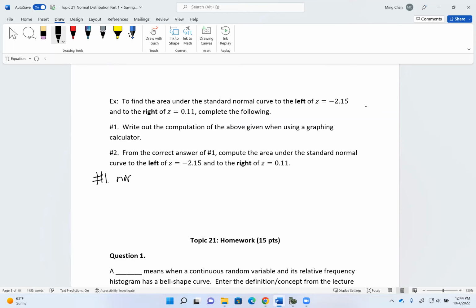So that's normal CDF, where the left bound has to be negative 1E99, to negative 2.15, comma 0, comma 1.